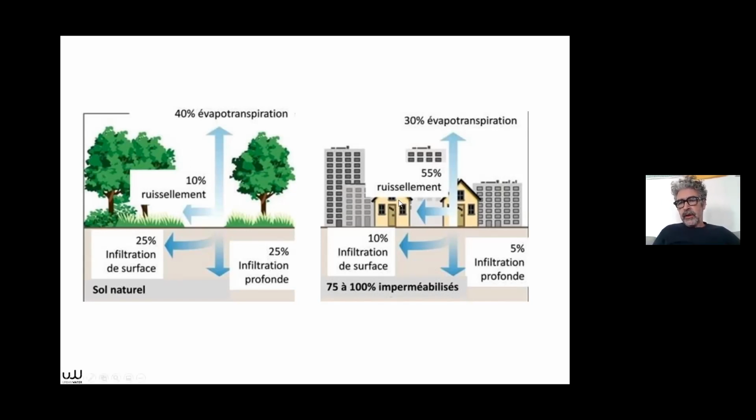Now let's imagine, and this is the other side of the fence, that for the same space we create a city, and you have exactly the same rain, the same volume. You can see that the city changes the water cycle. It is sealed and it prevents infiltration. There's no more surface infiltration, so the soil becomes sterilized. There's no deep infiltration, the water table will disappear.